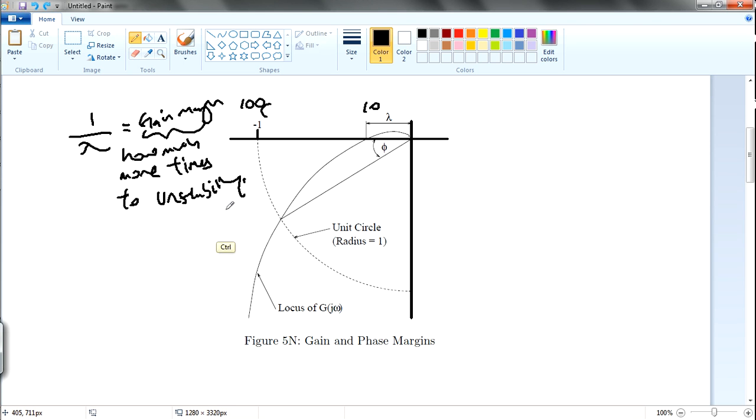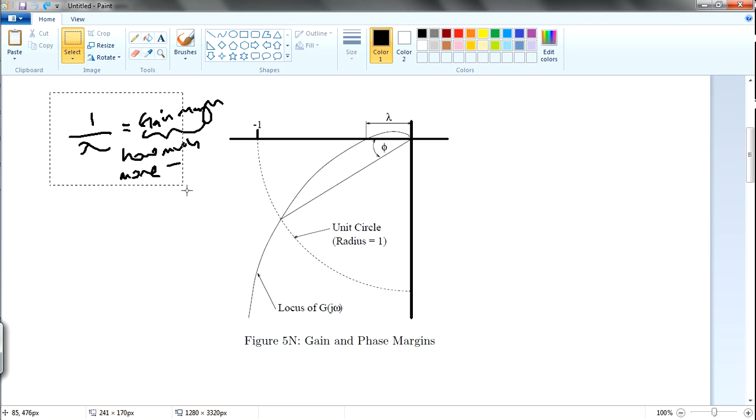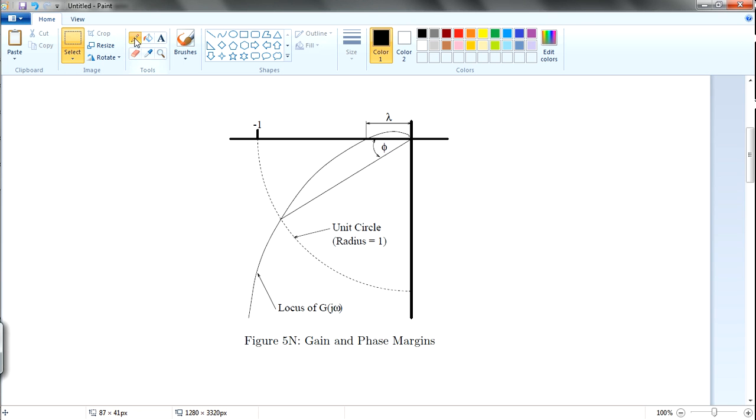And then the second one is actually the unit circle. Okay, I mean the phase angle. Sorry, what am I talking about? So the phase angle is actually this one, and this is the theta, right? As you still remember, this is minus 180 degrees, right?